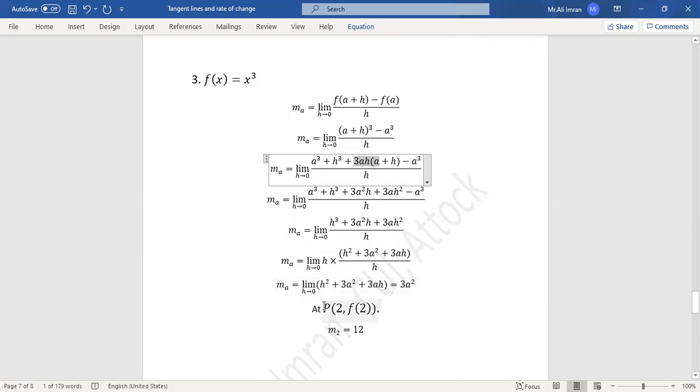And the value of the slope at point P is equal to 2 comma f of 2, we will put the value of a is equal to 2. We will get the value of slope is equal to 12.